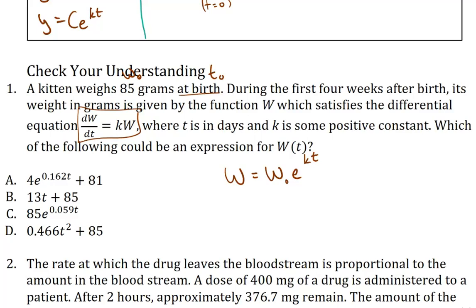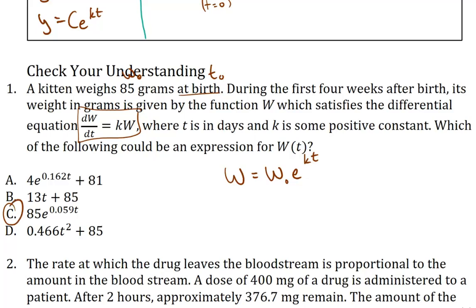So now, what do we know? We need to know what k is, and the initial weight we said was 85. Right off the bat, I'm already thinking C. A is kind of exponential growth, but it's got this plus 81. B is linear. C looks the way we want it to. And D is a quadratic, which is not what models the situation.